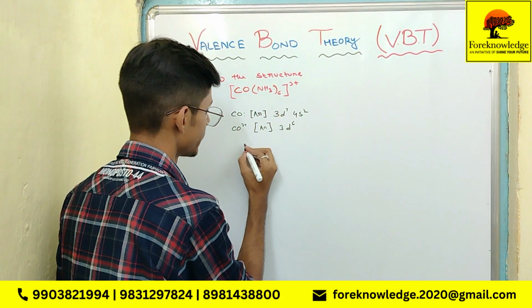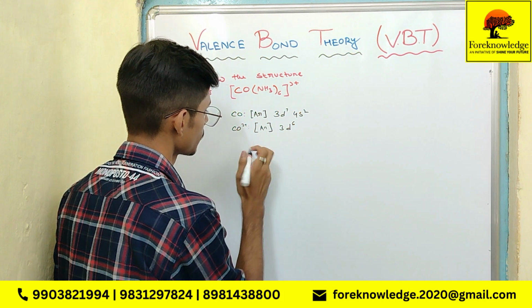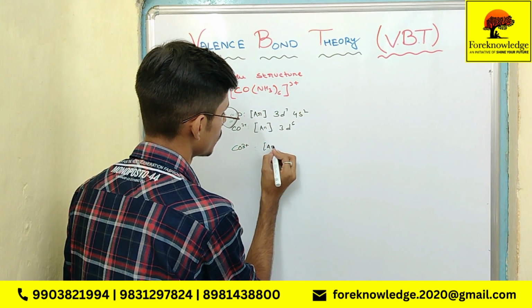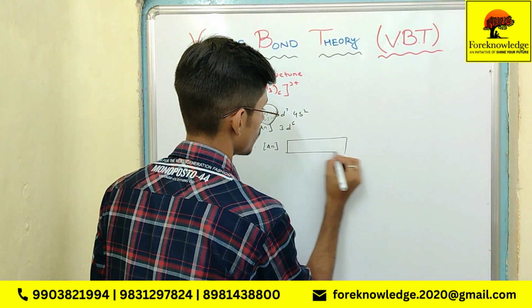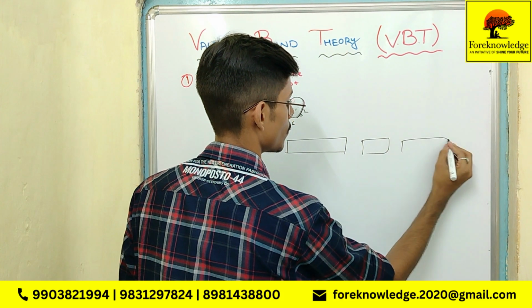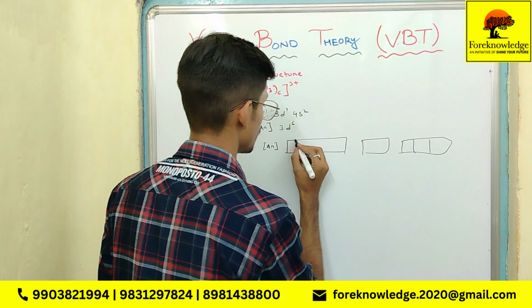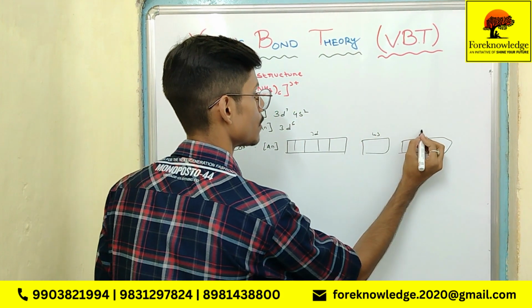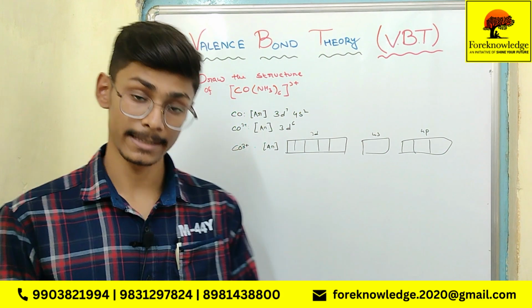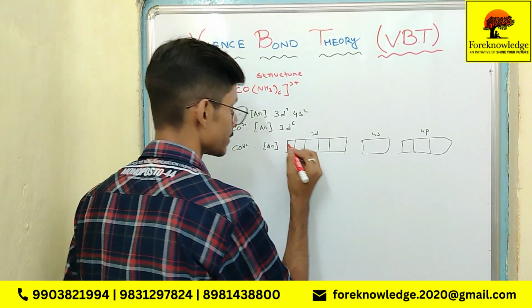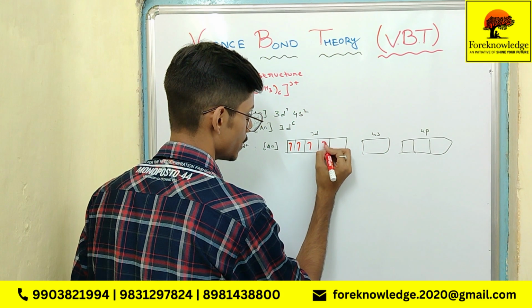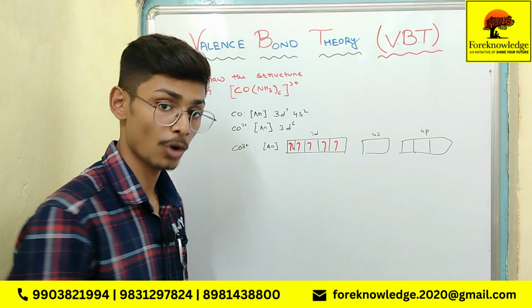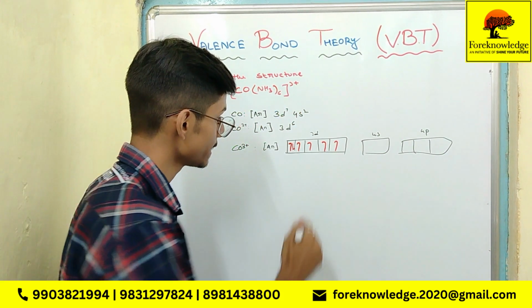So how will it look like? 3d6. So it will fill up 6 cells. 1, 2, 3, 4, 5, 6. So I already told you here NH3 will act as a strong field ligand. So pairing of electron will take place.